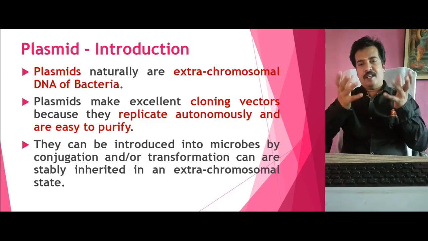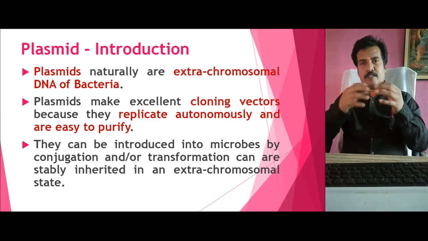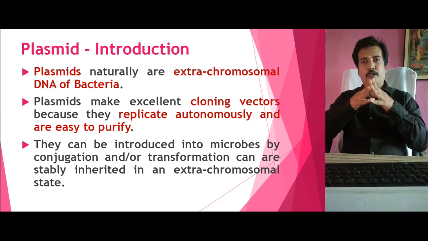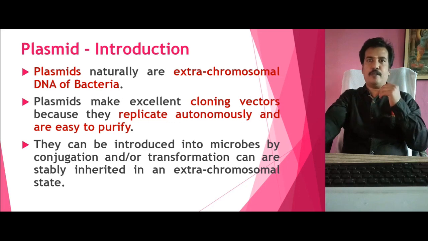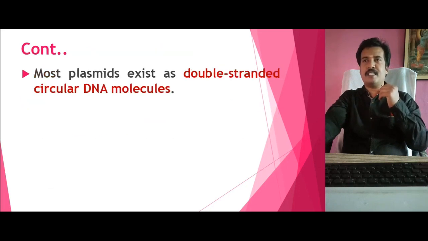After that we can also reintroduce this plasmid into the same host cell or another host cell through conjugation or transformation, and it is also steadily inherited by the host cell. So these key features have been kept in mind, so that the plasmid can be used as a cloning vector.